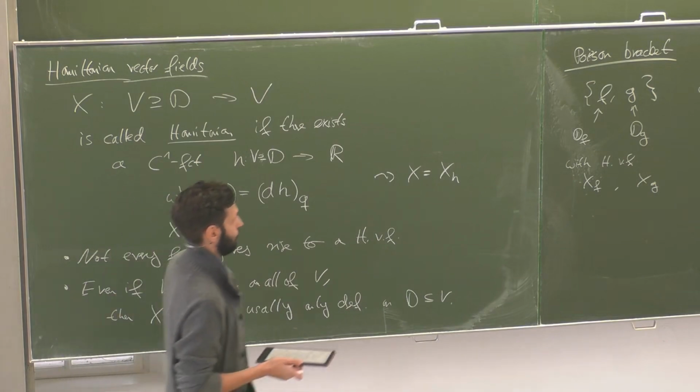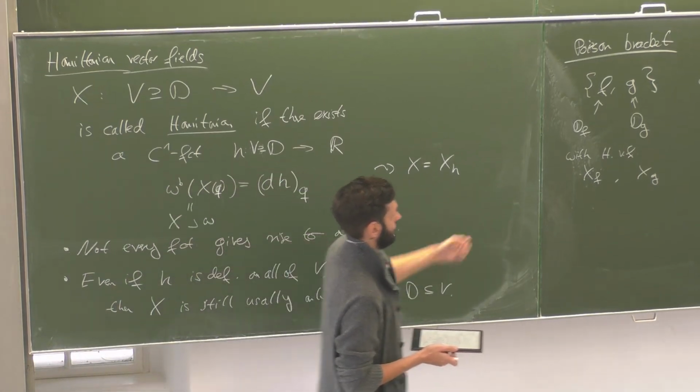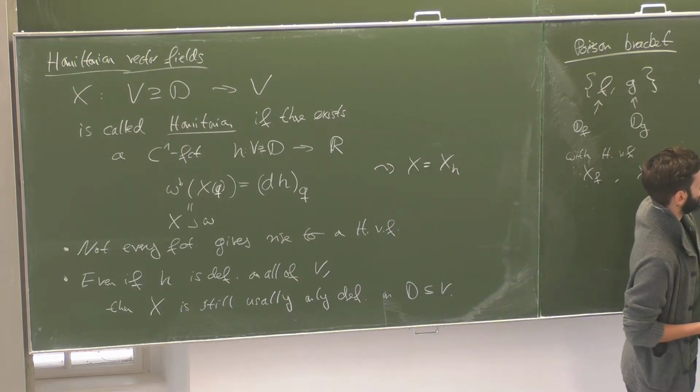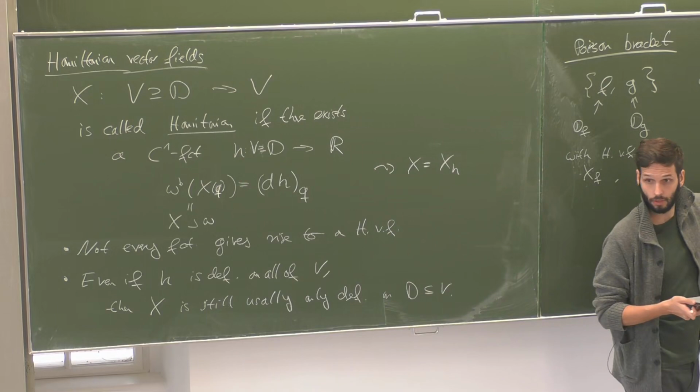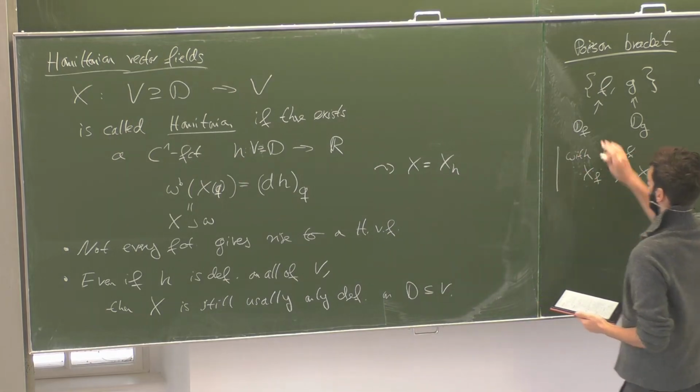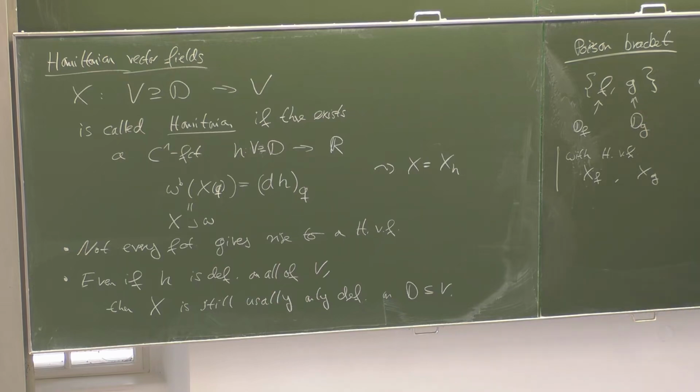And what you already see is, first of all, there's this problem with the domains, but for this definition to make sense, you really need a Hamiltonian vector field of f and g. So we really need this assumption that these functions have Hamiltonian vector fields.